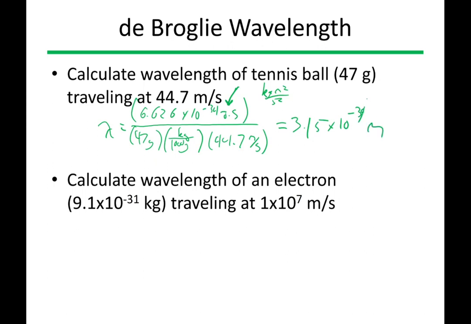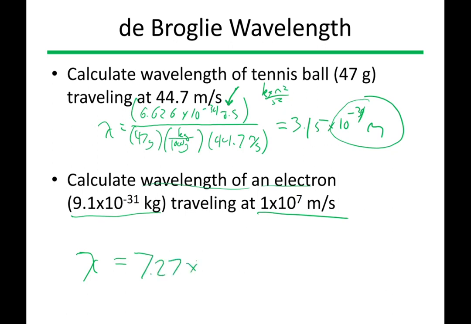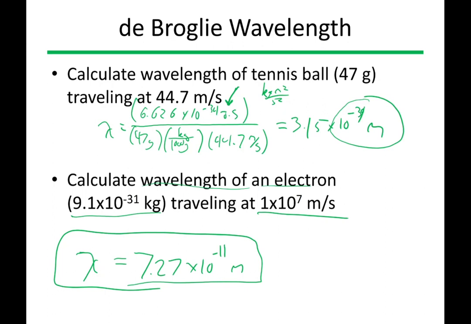So you'll note that this is smaller than even the smallest gamma ray. And so this isn't really something that we could measure or observe. Now, if we look at the wavelength of an electron, which has a much smaller mass, and we use the same equation and a much higher velocity, we get that the wavelength of an electron traveling at that speed is about 7.27 times 10 to the negative 11th meters, which is definitely in the range of some of the higher energy types of light.